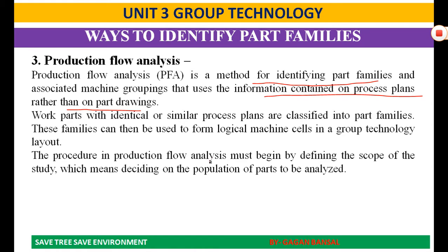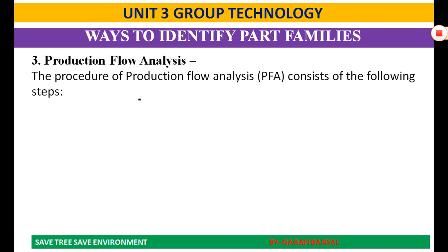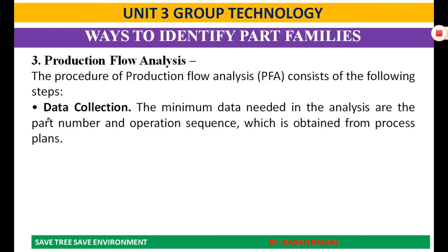The procedure in production flow analysis must begin by defining the scope of the study, which means deciding on the population of parts to be analyzed. The procedure consists of the following steps. First is data collection, that is, we need to collect the data, which can be digital or analog.